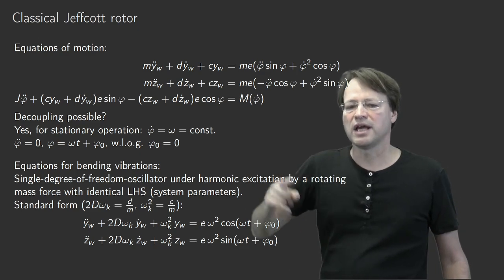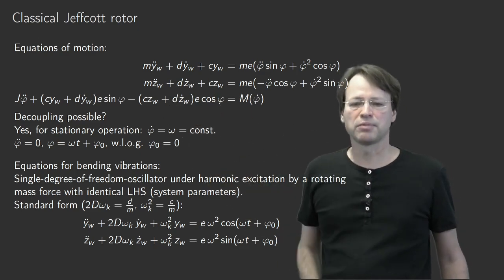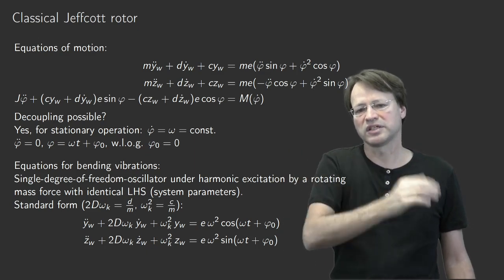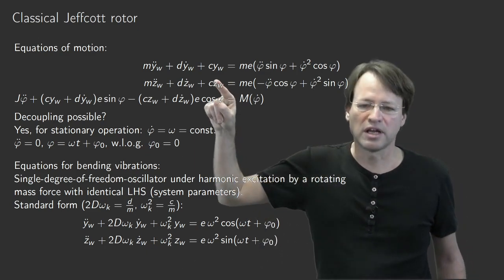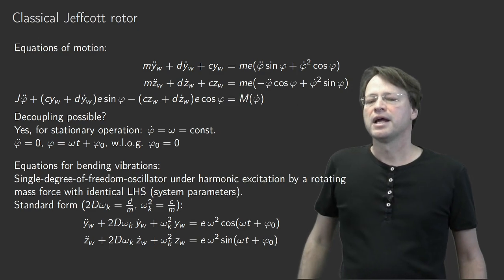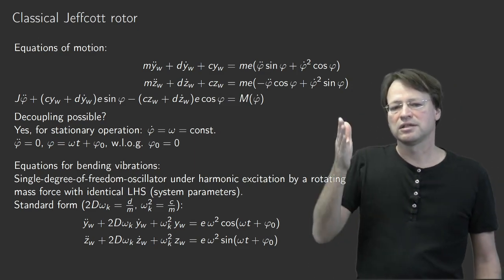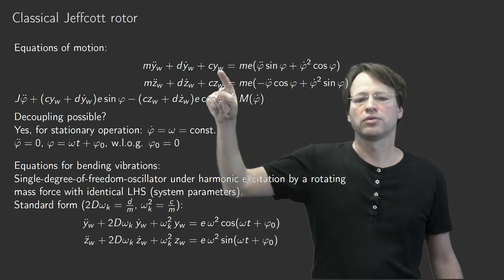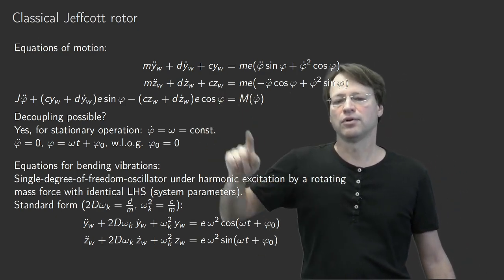We do not have any difference in the damping properties represented by the vertical and the lateral direction, and we do not have in the simple model any difference in the stiffness property of the shaft related to the lateral and the vertical direction.